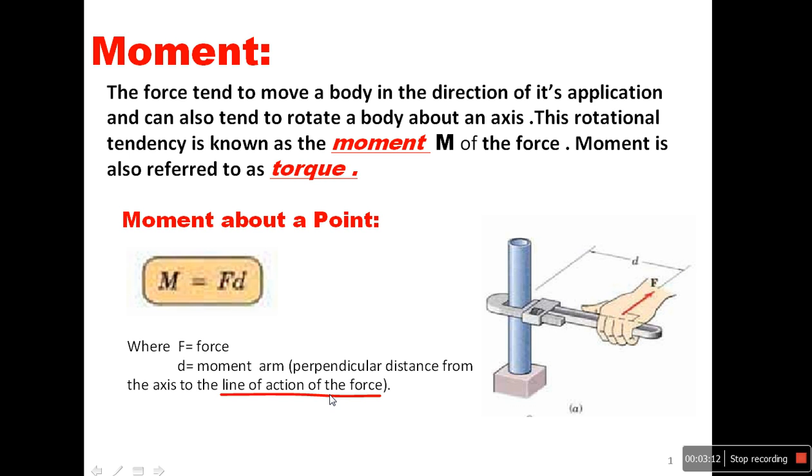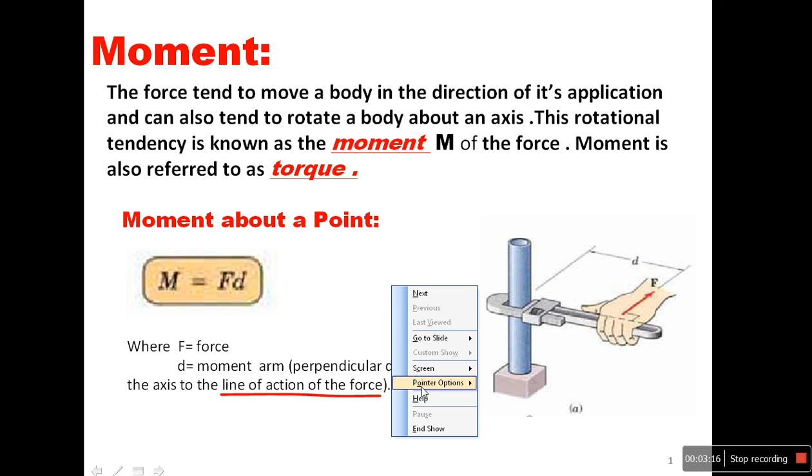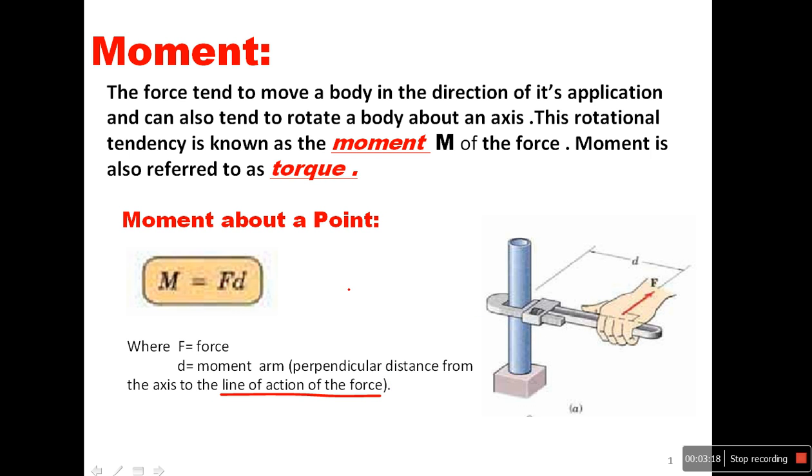Always the force is perpendicular to D, so the angle is equal to 90 degrees.